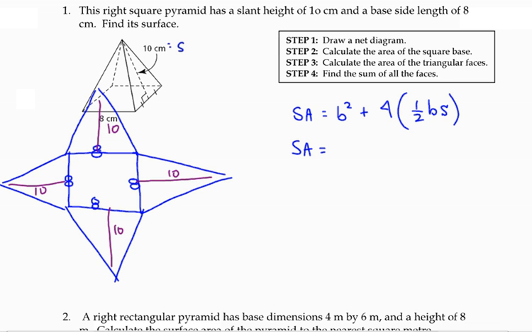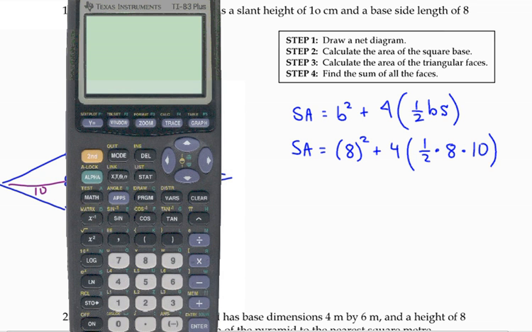Our base is 8, so 8 squared plus 4 times 1/2. If you want, we can simplify this to a 2, or you can leave it. It doesn't matter. Our base is 8 times our slant height of 10. Can we type this into our calculator? 8 squared plus 4 times 1 over 2 times 8 times 10.